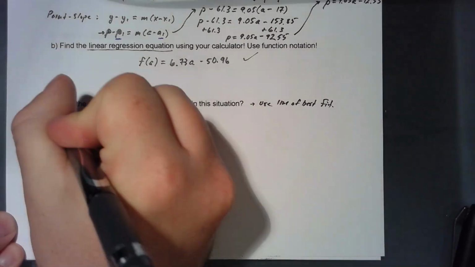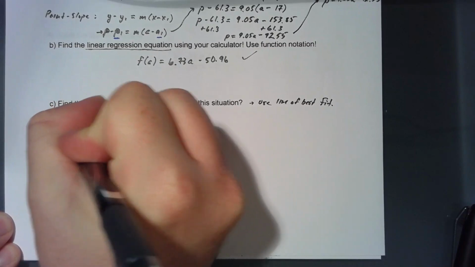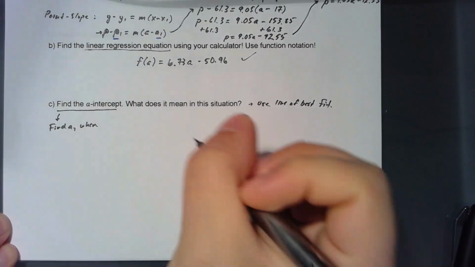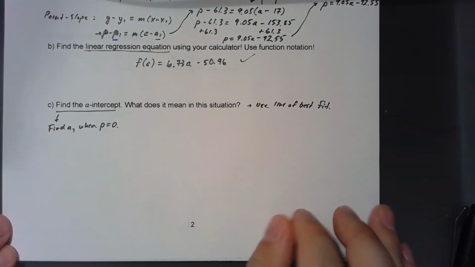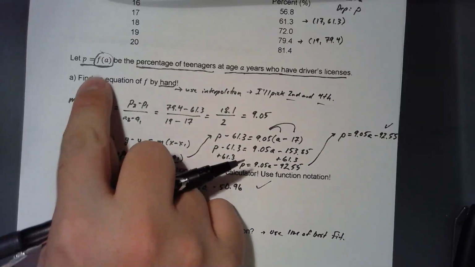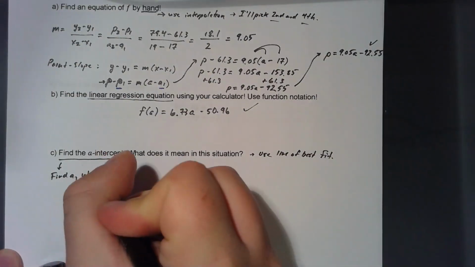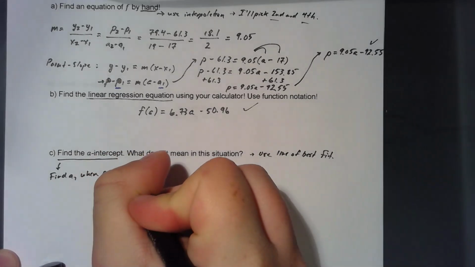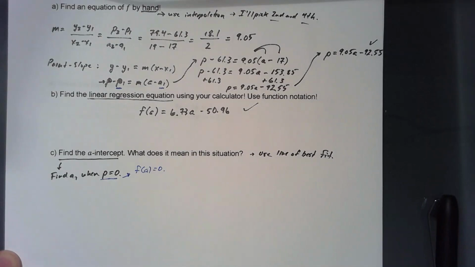What does that mean? That means you want to find a when the other variable, P, is equal to 0. Well, P is what the function is equal to. So what we're really saying is when the function is equal to 0, right?